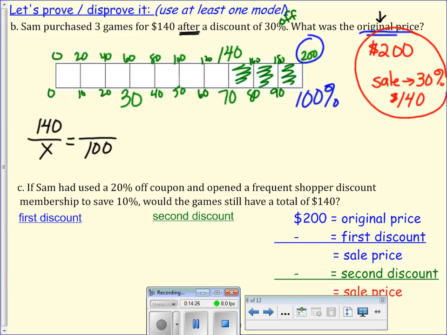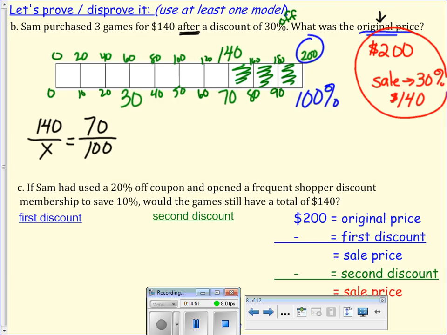What does 140 represent? The part that I paid. So what percent did I pay? I paid 70%. So that was from yesterday's lesson. You have to think about, is that the part coming off? Or is that the part that I'm paying?